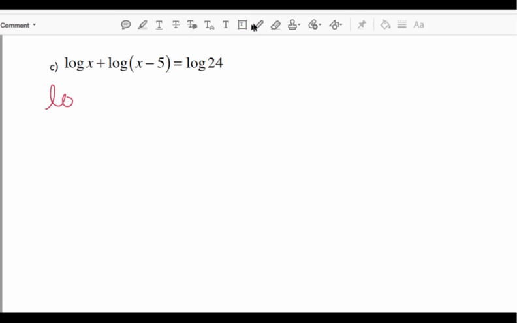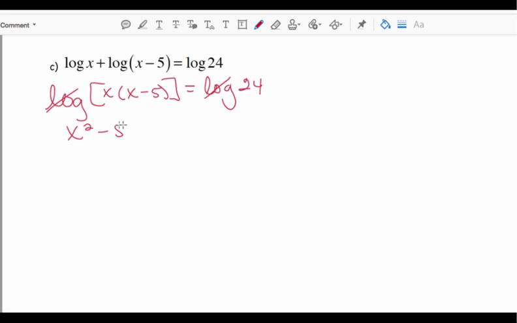So I have log of x times x minus 5 is equal to log of 24. And because I have a log base 10 on both sides now, I can drop that log and just write x squared minus 5x is equal to 24.